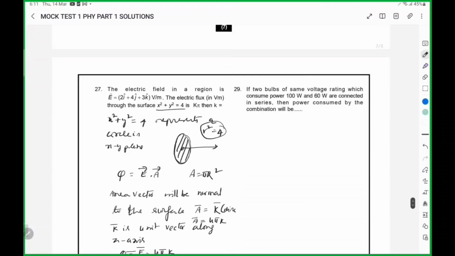If two bulbs of the same voltage rating consume a power of 60 watts, so once they are connected in series, the effective resistance changes. P here is, your voltage rating is the same, only the resistance changes.